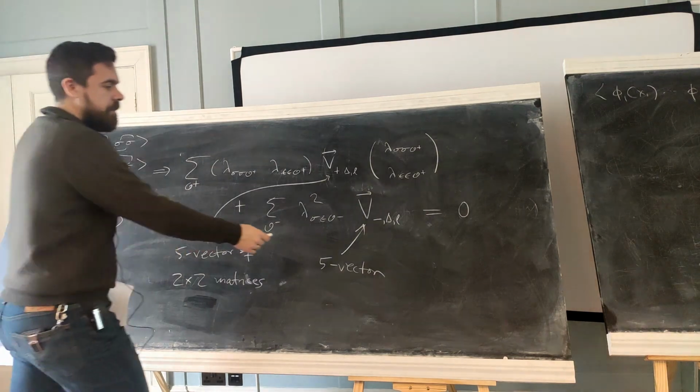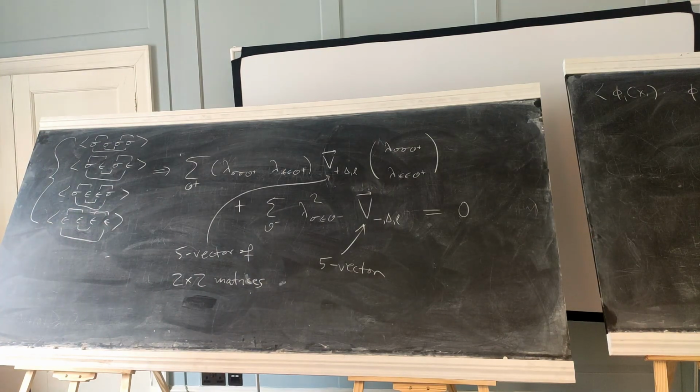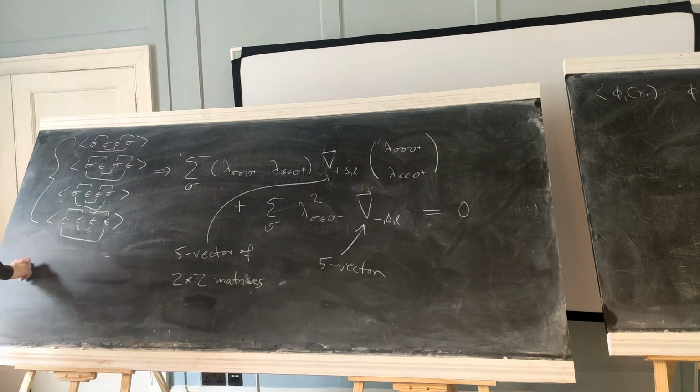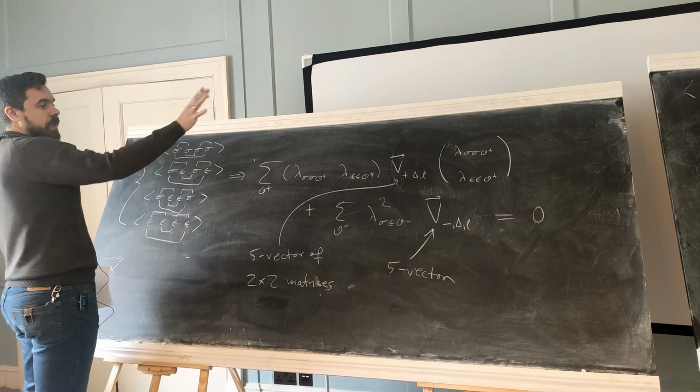But this is just a 5 vector of those Fs. Okay, and they have some zeros, it doesn't really matter. The structure is what matters. Okay. And now what can I do with this to show that it works the same way as before? Well, I'm going to have a functional now alpha, which is itself a vector. From all these crossing equations, you can put them in this form.